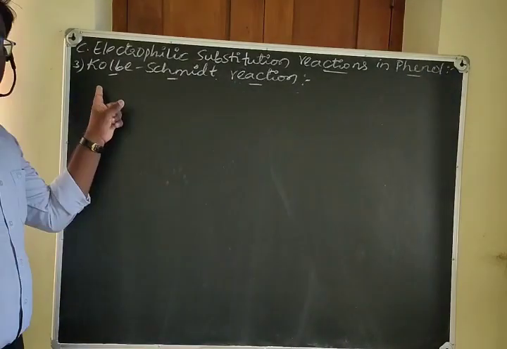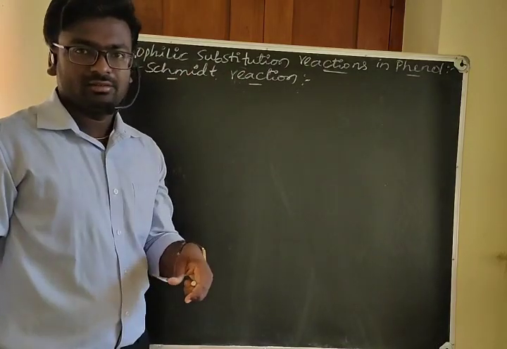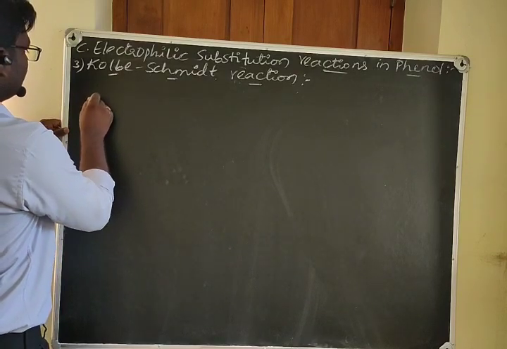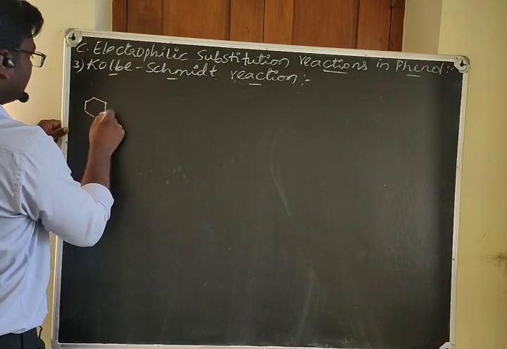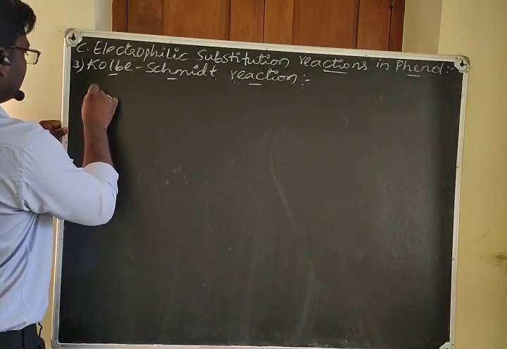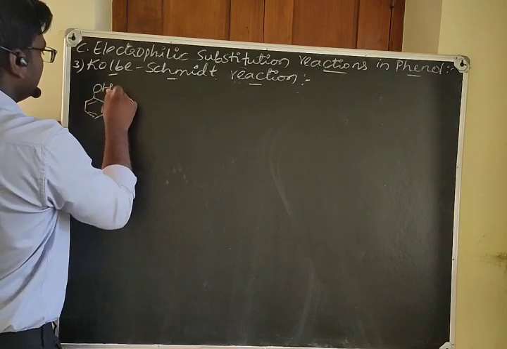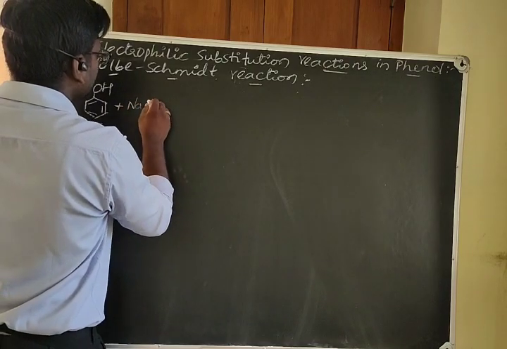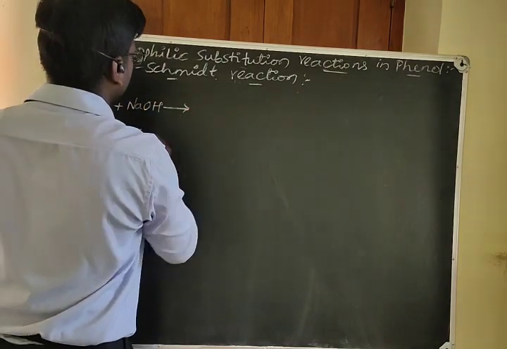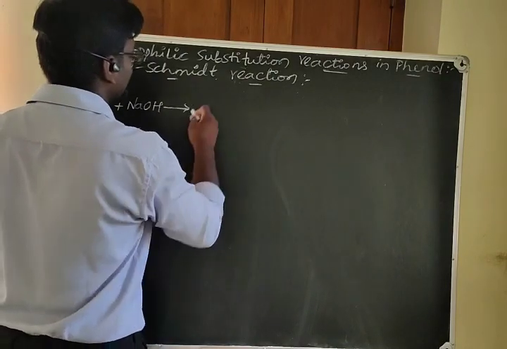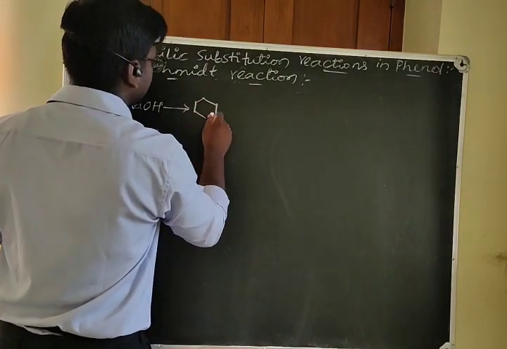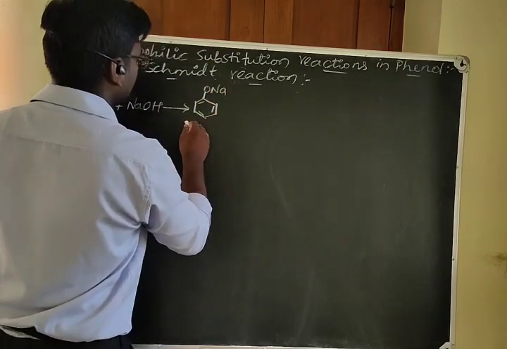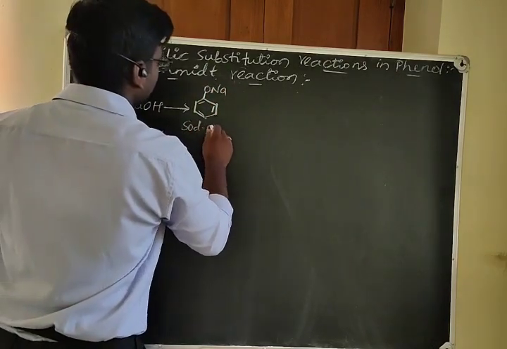Now we shall discuss the Kolbe-Schmidt reaction. Here in this reaction, the phenol is initially treated with sodium hydroxide, and gives the sodium phenoxide, like this.